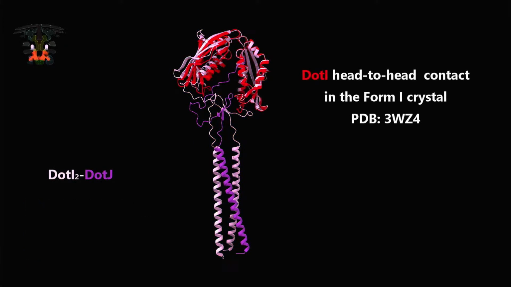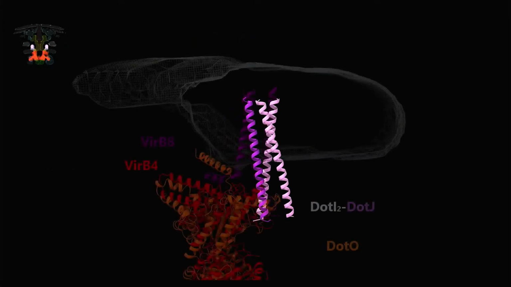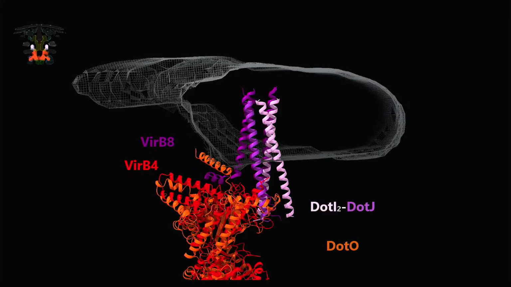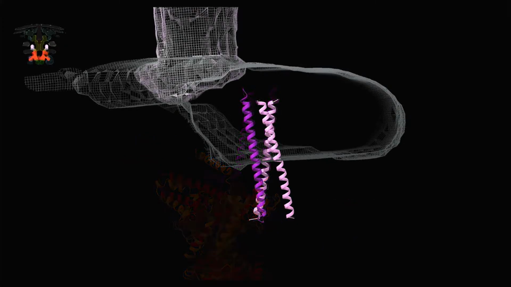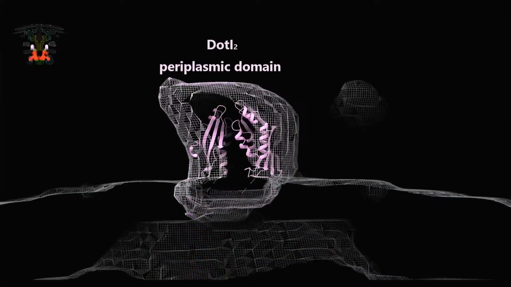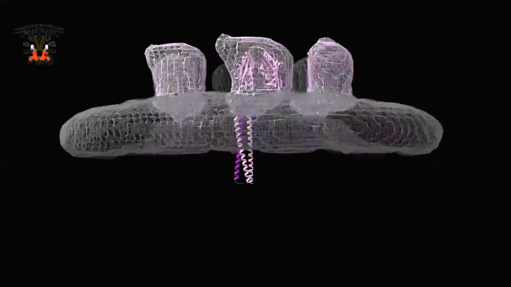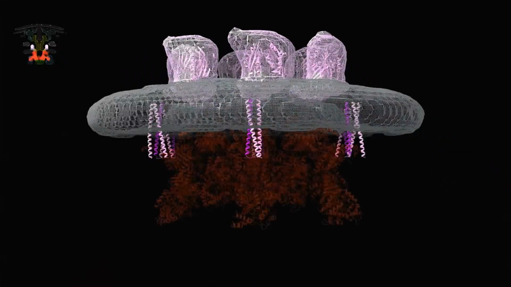This turns out to be a complex of two .i's and one protein called .j. It mimics something that was seen in the conjugative type 4 secretion system, so we have high confidence of that, and that leaves this dimer of .I to fill these domains in the periplasm that we see.